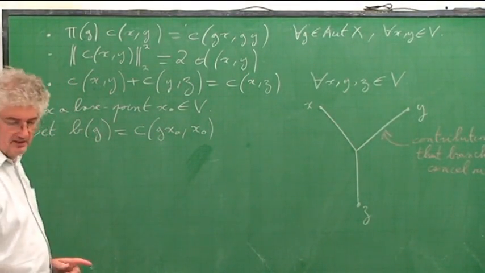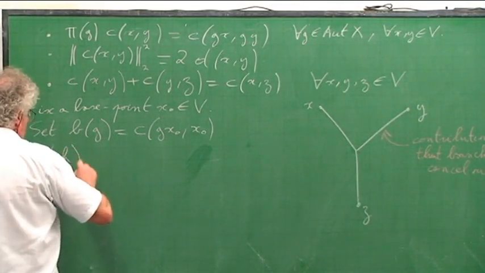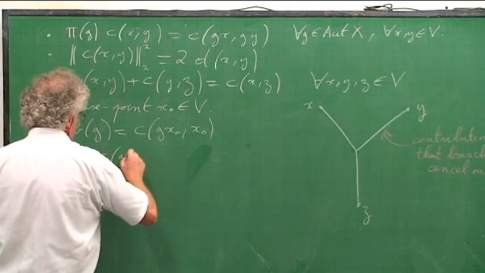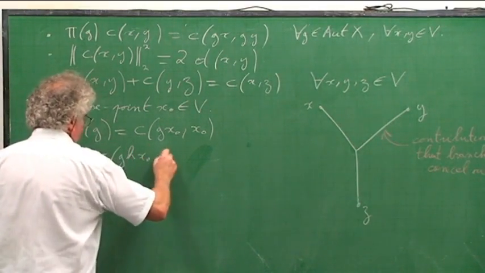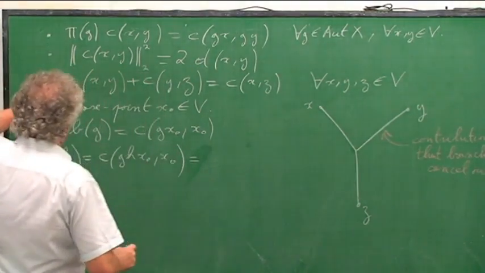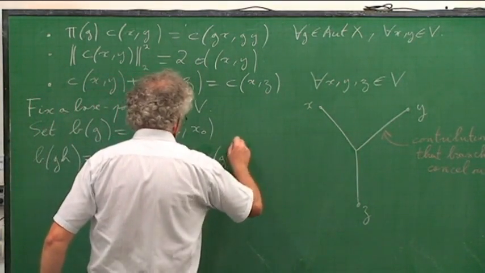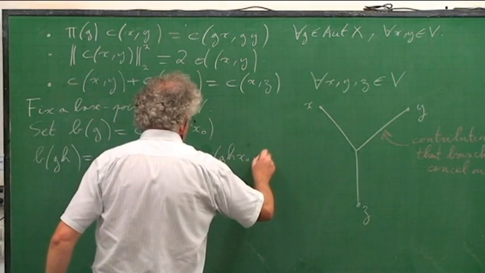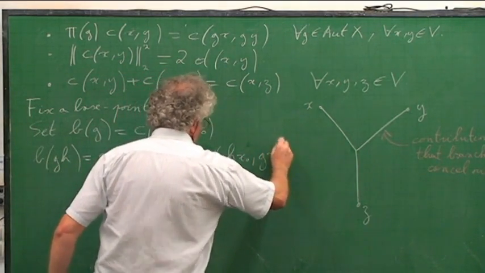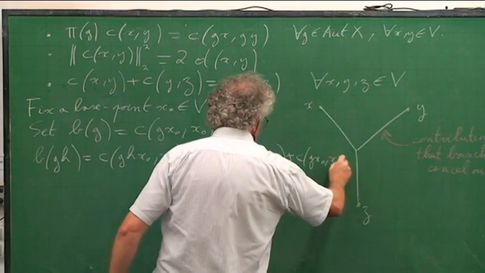Let me check the one-cocycle relation. V of gh is C of gh x naught, x naught. By the third relation, this is the same as C of gh x naught, g x naught plus C of g x naught, x naught.